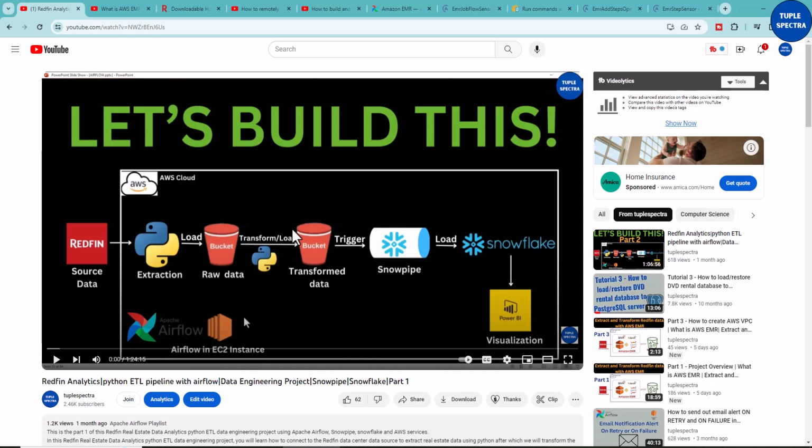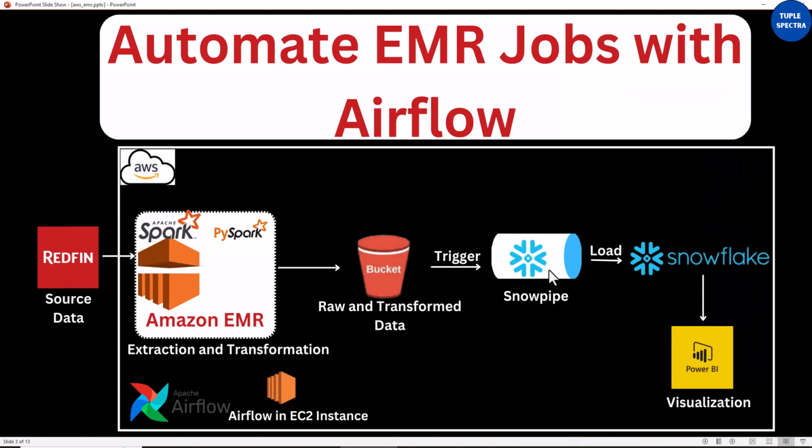In that video, our transformed file was a CSV, and immediately it landed inside the transformed data bucket, it triggered Snowpipe, which then performed the copy command to load the data inside Snowflake, and then I connected Power BI to it. So go and watch this video to be able to implement this.